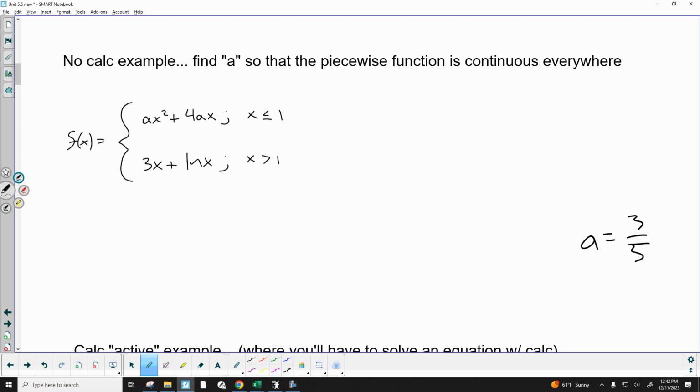Just continuous. We're not talking about differentiable. Three fish.